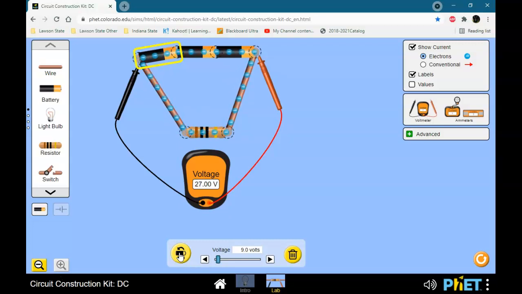So series aiding, series opposing. Does that make sense? So the negative part isn't necessarily... The negative part is what now? No, like this, the negative doesn't necessarily ground it.